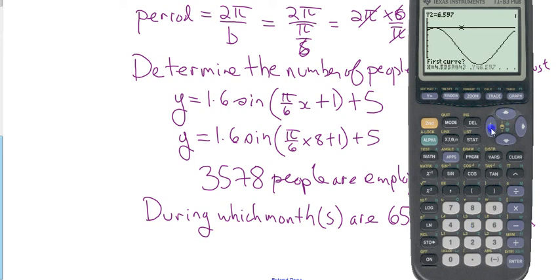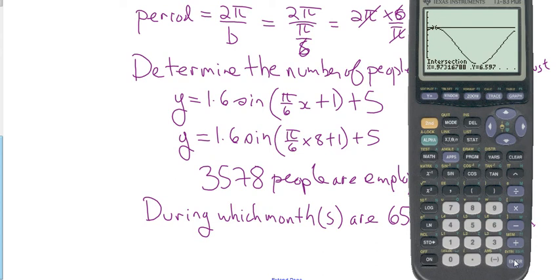Actually, no, let's go up here. It's easier to trace along a straight line than along the curve. 1, 2, 3. So 0.9, what month is that? January, right? During month 1.